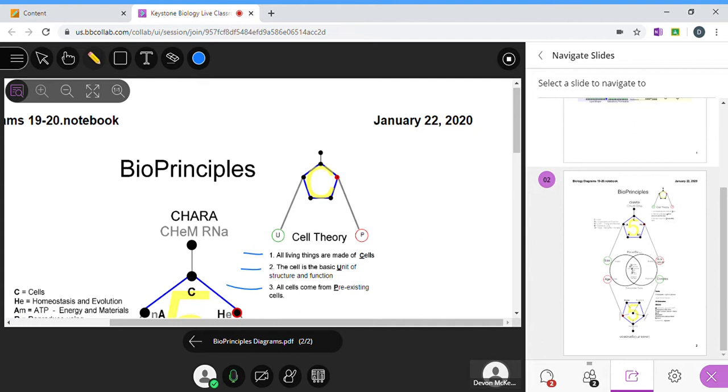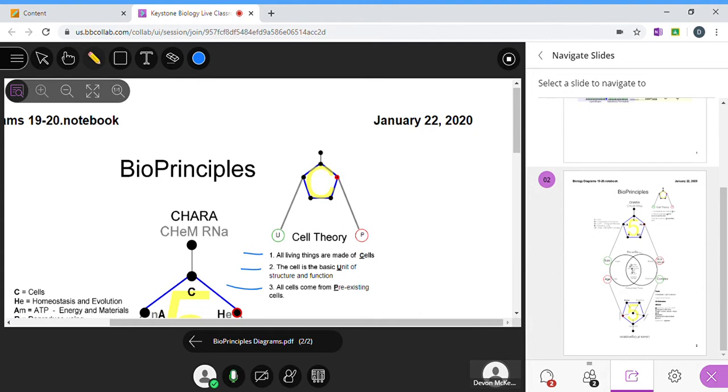So if there is something doing work in nature, there's a cell involved. If there's something that has a level of structure to it and doing work, it's because there's a cell involved.